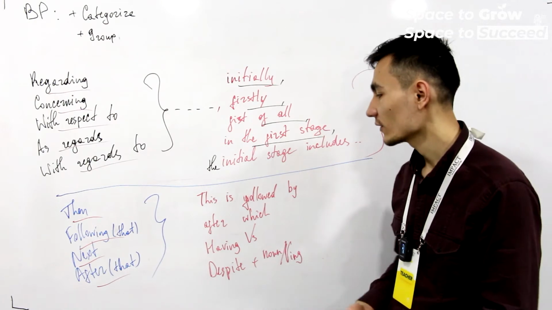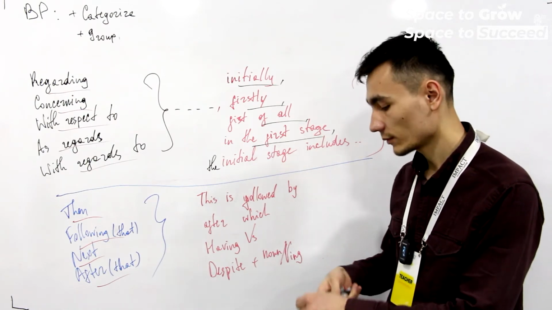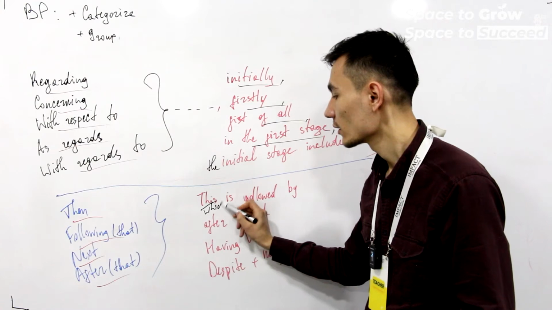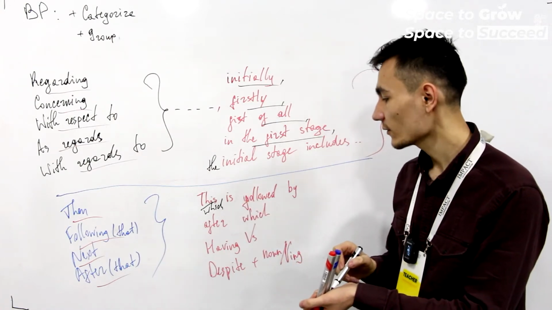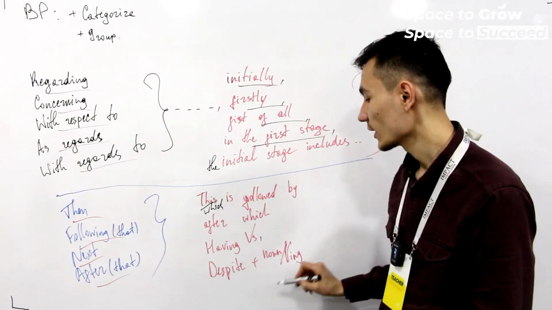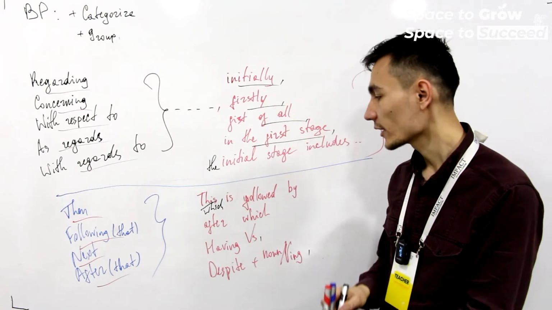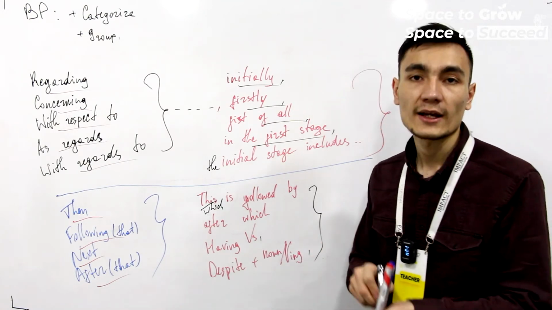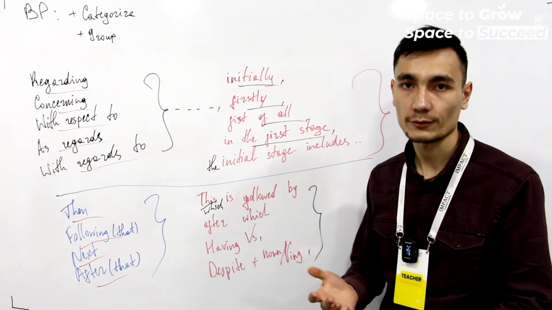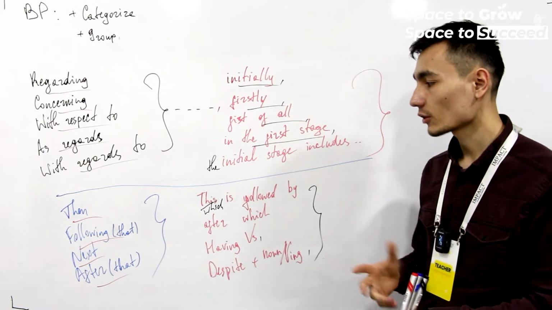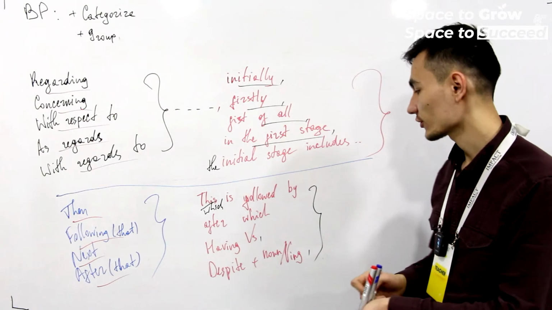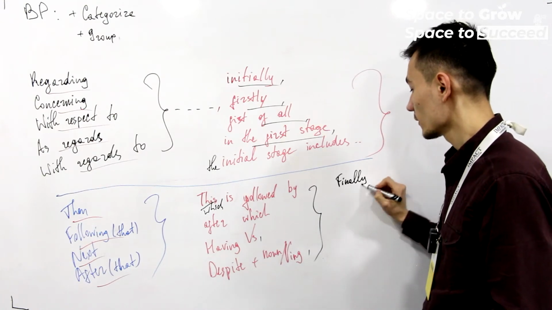We can use more advanced structures like this is followed by, or simply which is followed by, after which, having plus verb 3, its participle clause, and despite or in spite of structures. These are more complex structures which we will use in our body paragraphs now. And now we have to talk about how to end our body paragraphs, and we use the structure finally in the final stage.